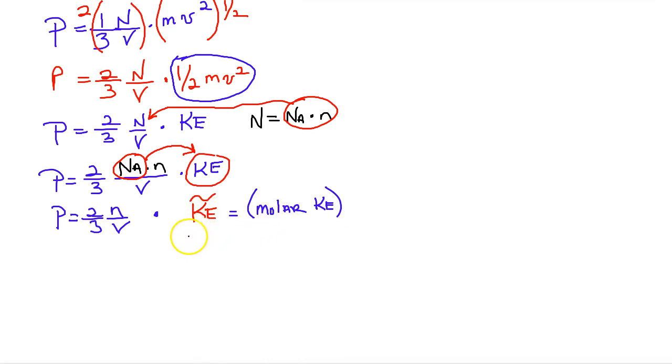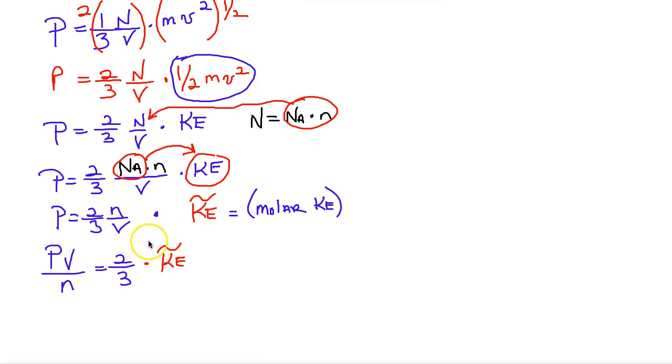Now what we're going to do here is some simplification, and I am going to bring the volume and the moles over to the left-hand side, and when I do that algebraically, I'm going to get PV over n equals 2/3 times kinetic energy, wait for it, squiggly.